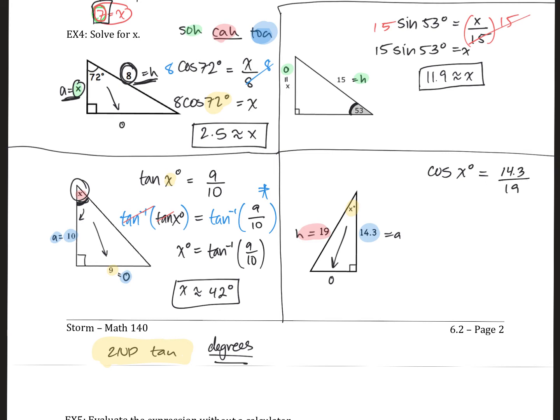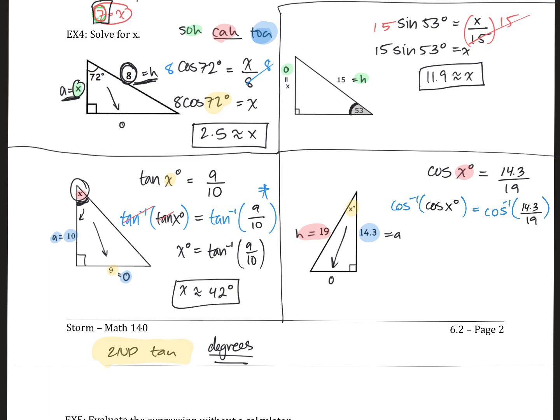Once again, how do we get the x value outside of our function? Because at the moment, x is inside our function. Well, once again, this is when the inverse functions come in handy. Let's take the inverse of both sides. So cosine inverse, we'll go ahead and apply that. Please show the work of applying an inverse if you do. Cosine of x, and then 14.3 over 19.